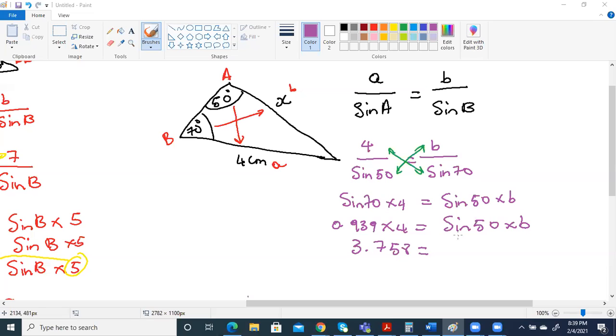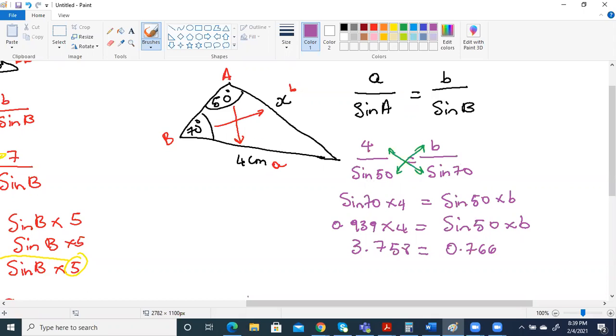Sine 50. What do you get for sine 50? 0.7660, but you put 0.766. All right, you can put that. What I was telling you just now is that you round it off to 0.766.